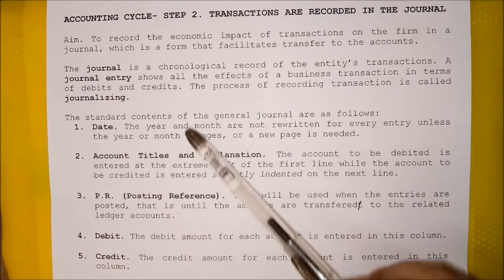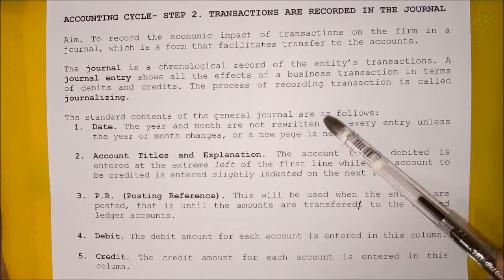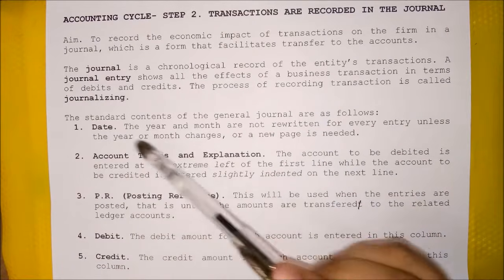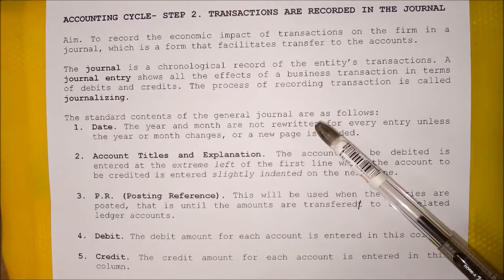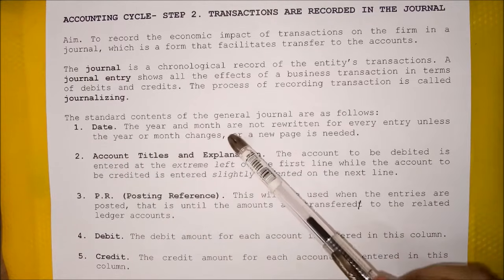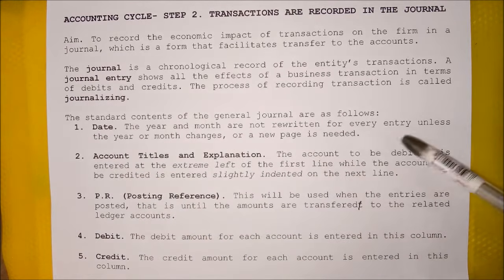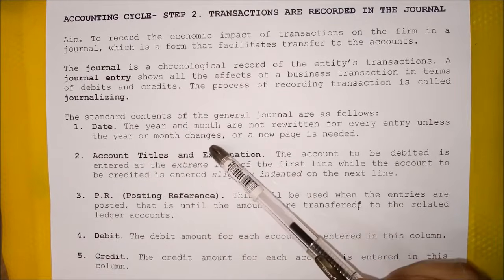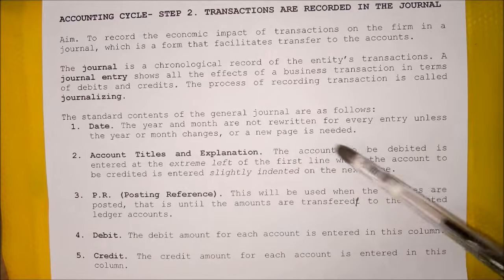The standard contents of the general journal are as follows. So ito yung composition o content ng isang journal entry. Number 1, the date. The year and month are not rewritten for every entry unless the year or month changes or a new page is needed.